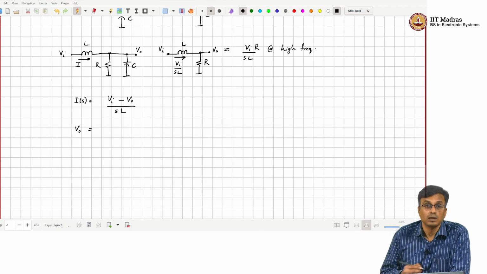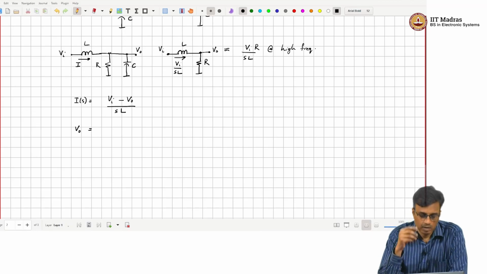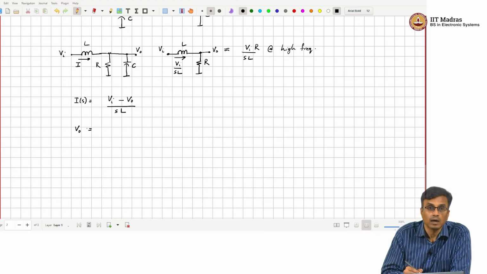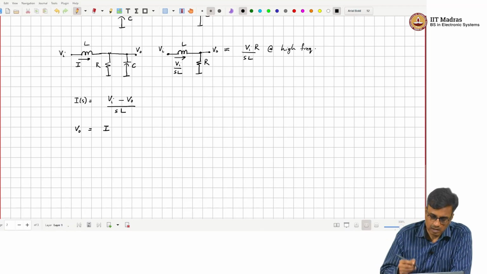What is R parallel with 1 by SC? R by 1 plus SCR. So, Vo is I times R by 1 plus SCR.